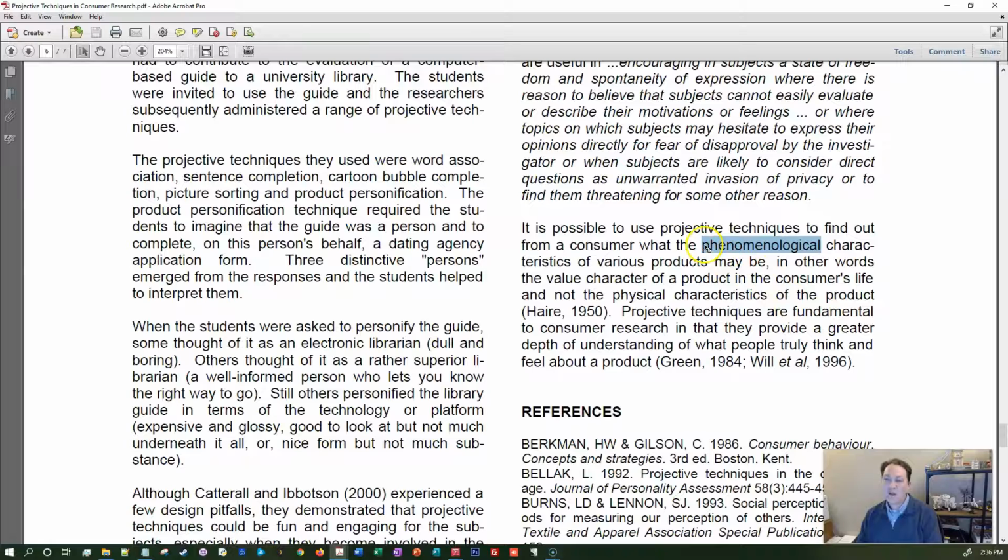But every now and then you're going to run into words like this one, phenomenological. What does that mean? Well, when you look it up, what this word really means is something along the lines of unnatural or unexpected or novel. This is a word that comes from the field.